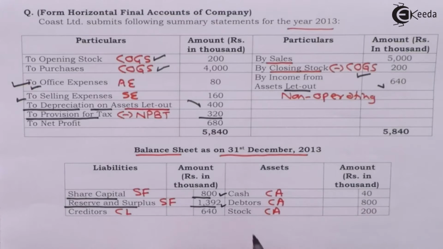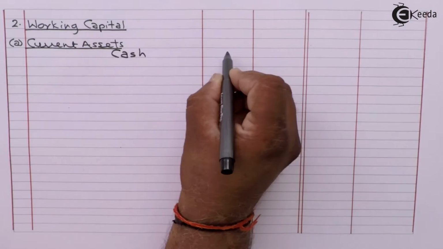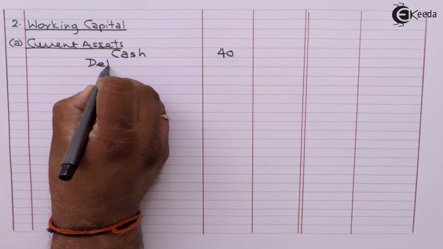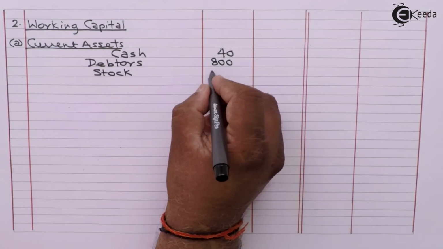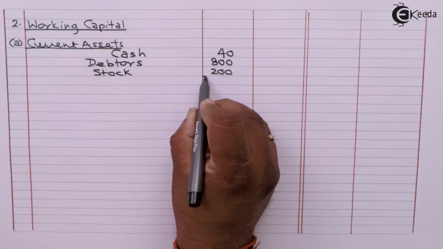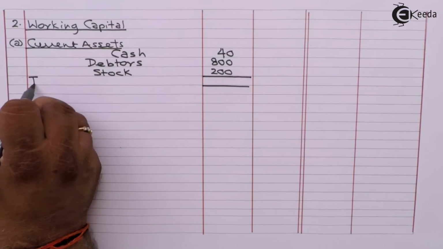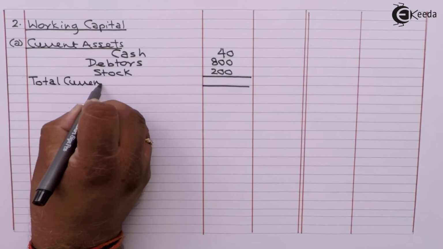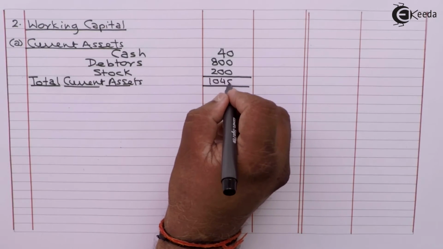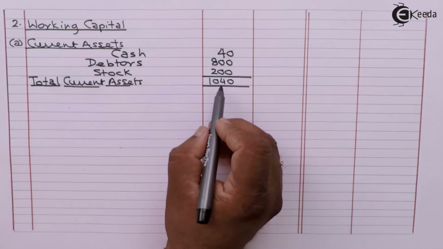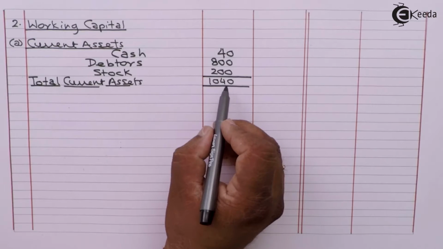Cash 40,000, debtors 800,000, stock 200,000. Total current assets 1,040 thousand.